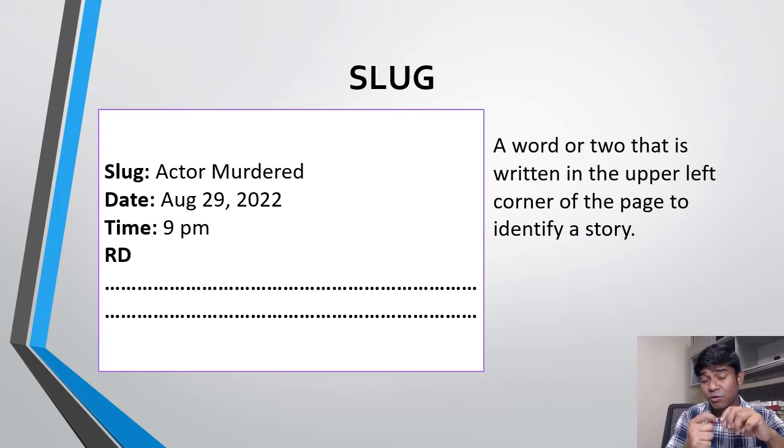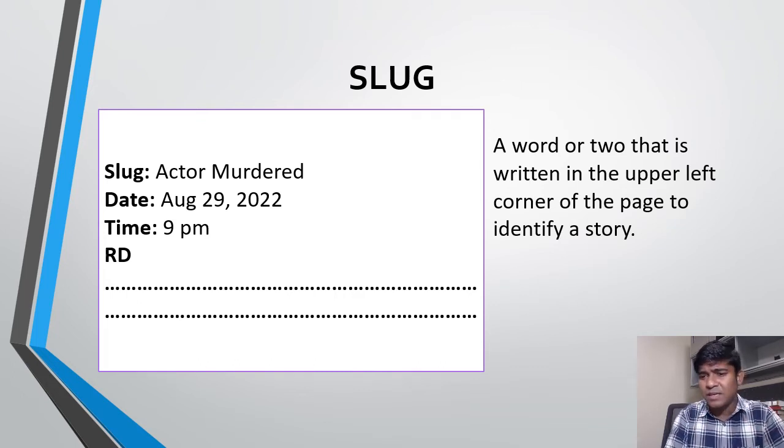The reporter must also include the date of the incident and the reporter's own name. His or her initial is enough for that. So this is what a slug looks like and what it consists of.